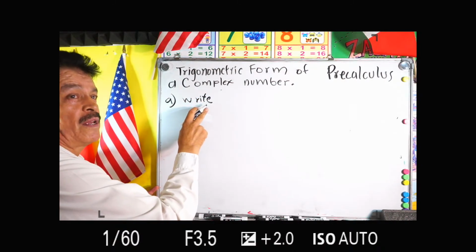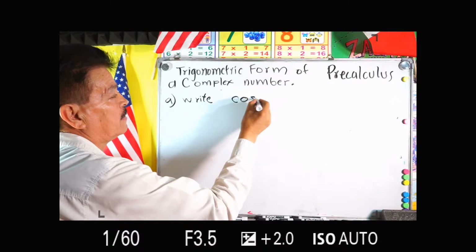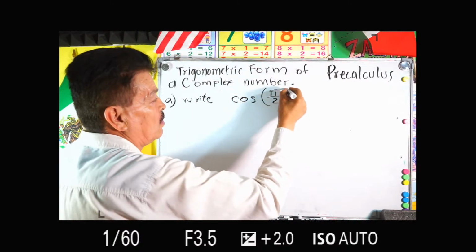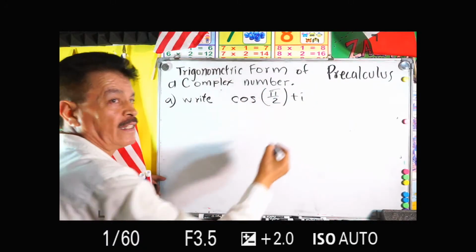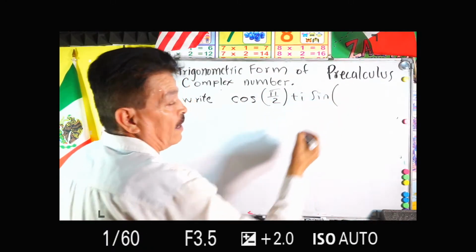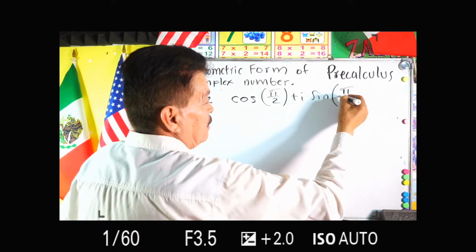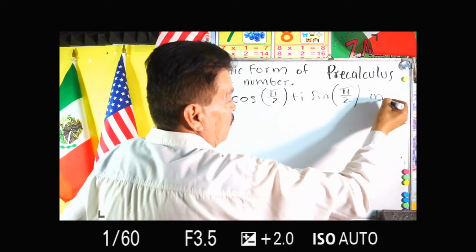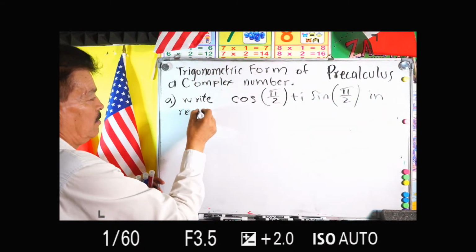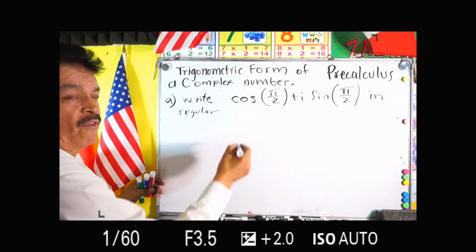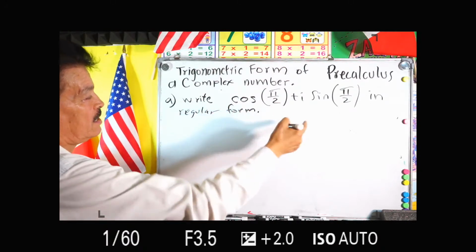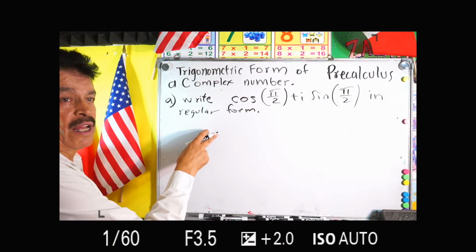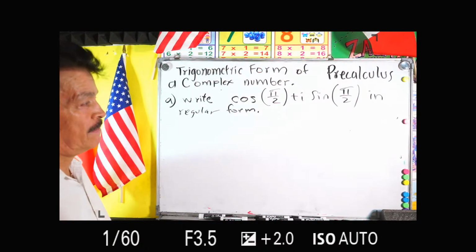Write cosine of pi divided by 2 plus imaginary sine of pi divided by 2. That was our first solution in the first problem, in regular form. So this is in polar form, and we have to change it to regular form. So how do we solve this?